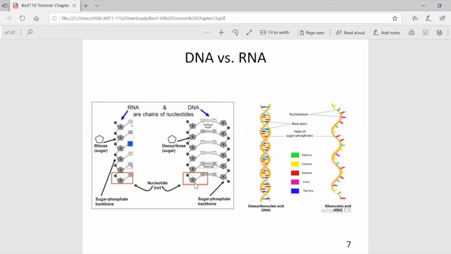And you can see that is the same in DNA and RNA. The notable difference between the two, of course, is that DNA is double-stranded while RNA is a single strand, and the RNA has the nucleotide uracil instead of thymine.